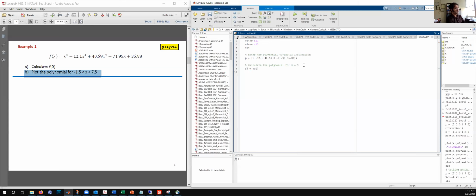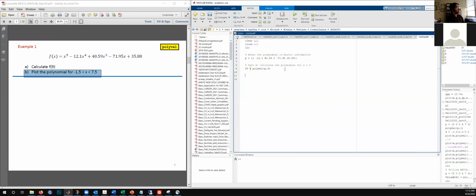It's polyval, right? So polyval, what should be the first input over there? P. Just P, and then 9 for x, which in this case is 9. Okay. So we get this part done. So hopefully this is part A.